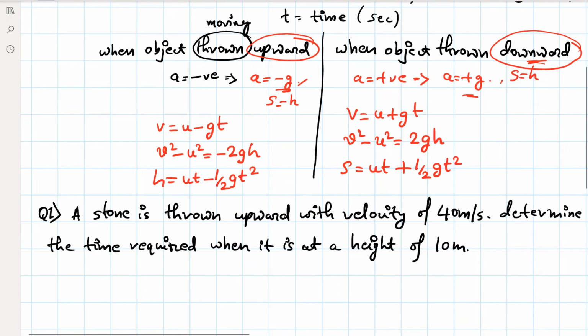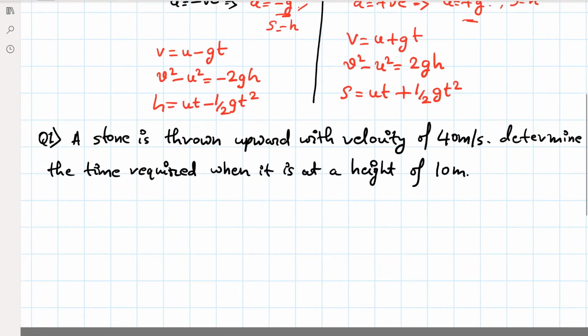So we have our first problem: a stone is thrown upward with a velocity of 40 meter per second. Determine the time required when it is at a height of 10 meter. So first I will write the given data: thrown with a velocity of 40 meter per second, so that is initial velocity 40 meter per second.